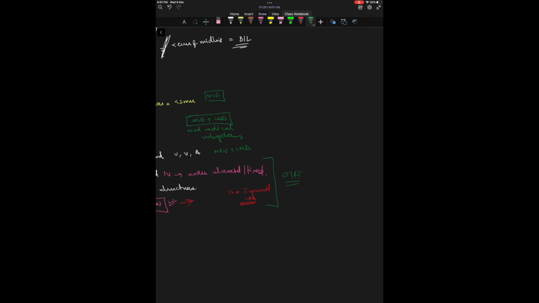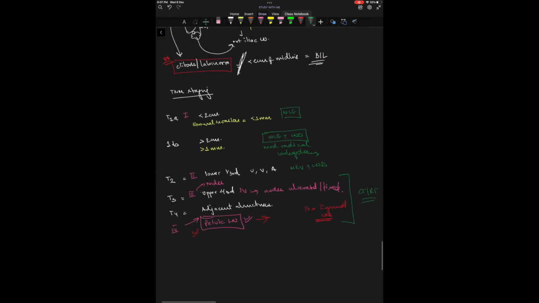Let's revise this again because I think I made a lot of mistakes. So stage 1A, less than 2 centimeter and less than 1 millimeter stromal invasion, only wide local excision is required. Stage 1B, more than 2 centimeter and more than 1 mm stromal invasion, wide local excision plus lymph node dissection. Modified radical vulvectomy can be done or cannot be done.